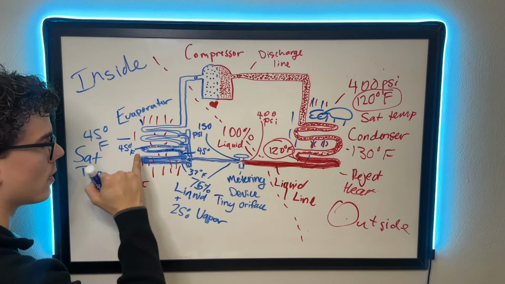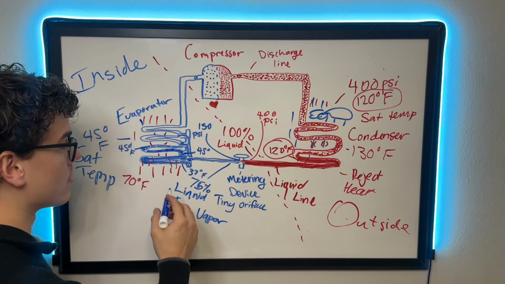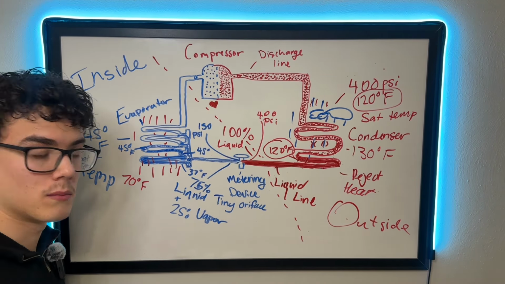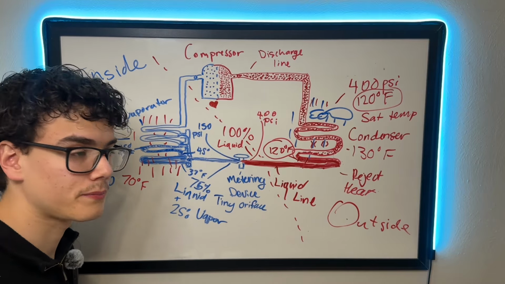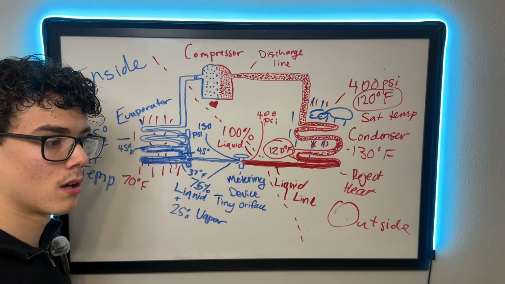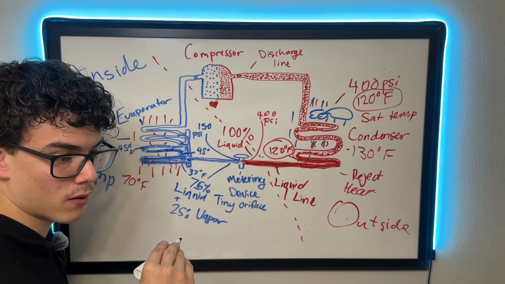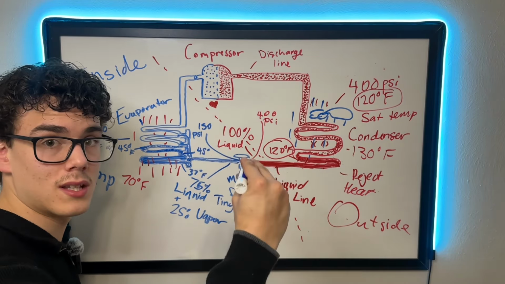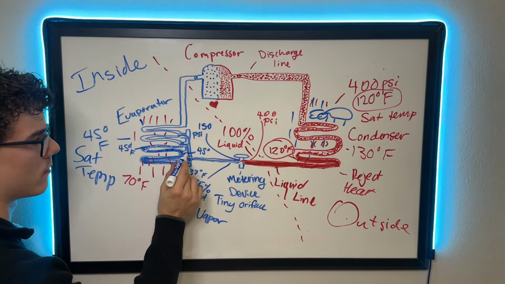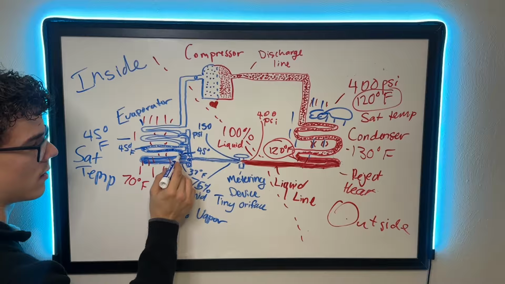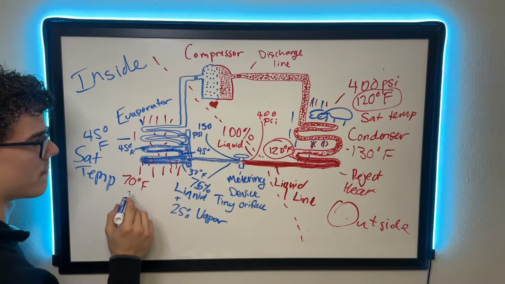But from here to here, we've changed states. And to do that, we're absorbing heat, just like our boiling of water on the stove. We have to absorb heat to go from 212 water to 212 steam. So we have absorbed heat to go from 45 degrees liquid to 45 degrees vapor.